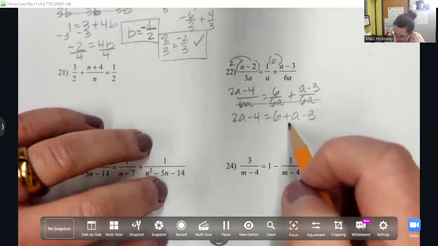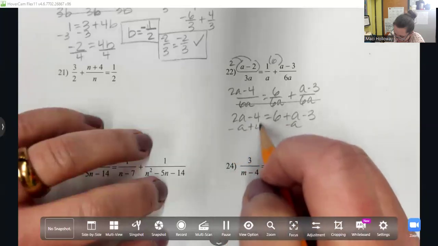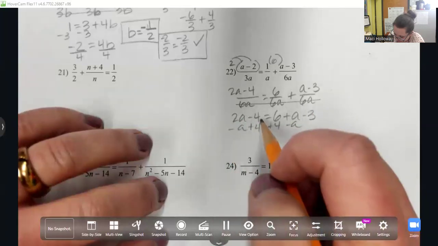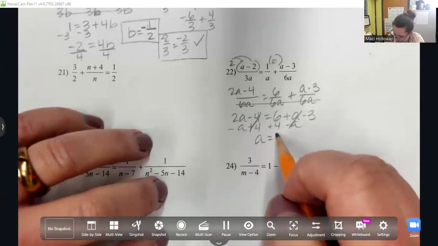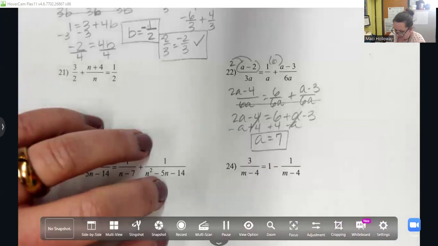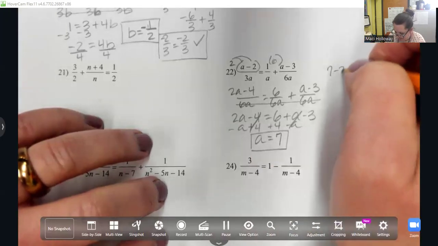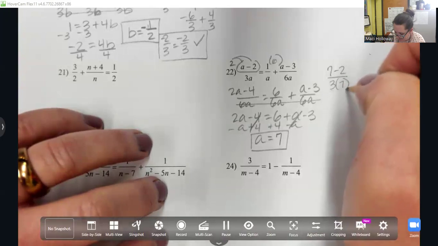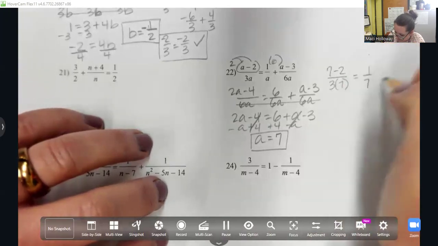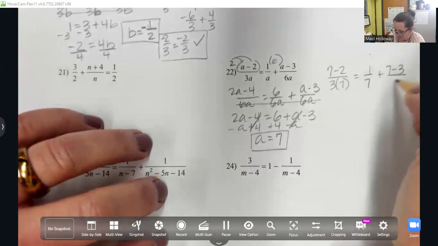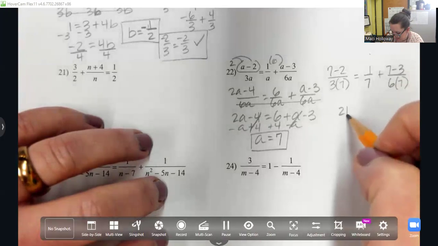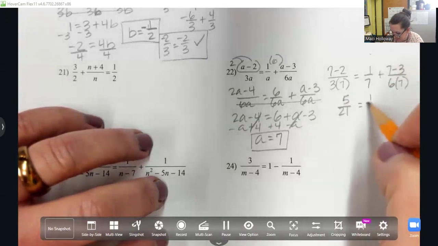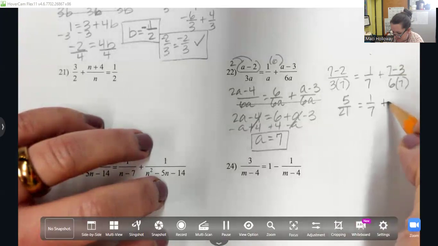Move our a's to the other side. Move our 4 to this side. So we have a equals 10 minus 3, which is 7. All right, let's plug it back in. We get (7 minus 2) over (3 times 7) equals 1 over 7 plus (7 minus 3) over (6 times 7). 3 times 7 is 21. 5 over 21, 1 over 7, and 7 minus 3 is 4 over 42.